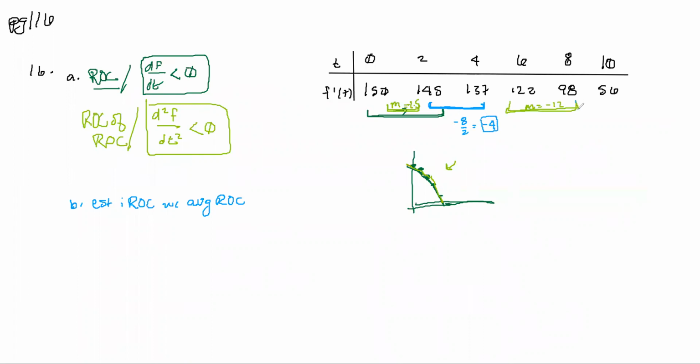And then let's also do between, because we're focusing on 2 and 8, this is a difference of 56 minus 98, which is negative 42, right? So this will be negative 21. And this is the average rate of change.